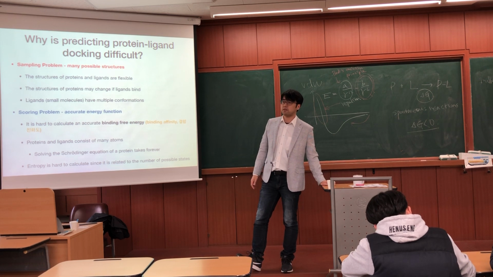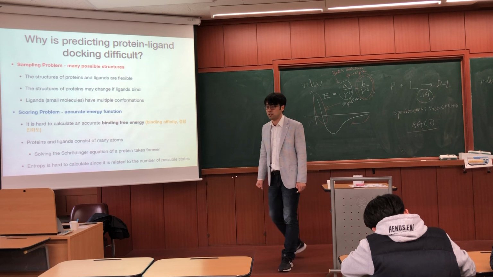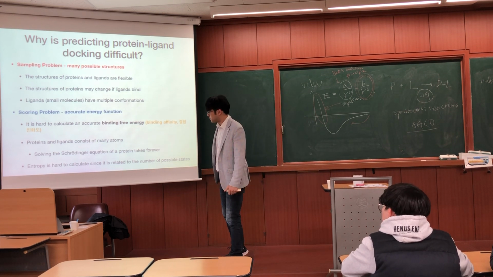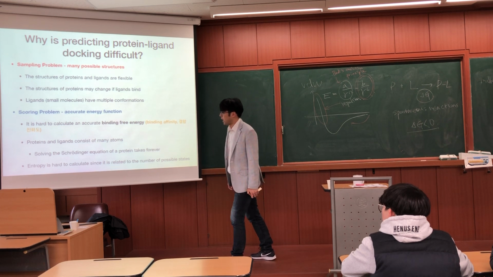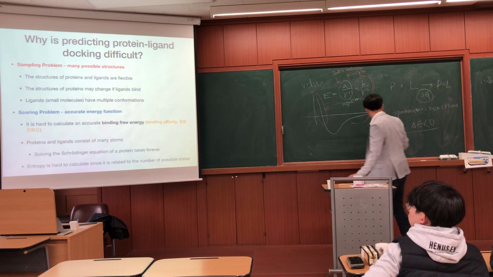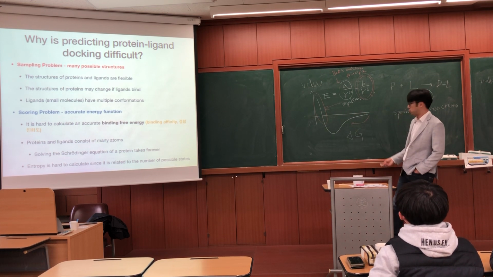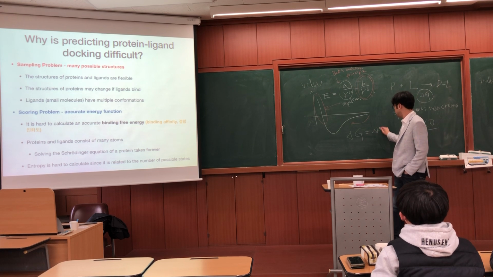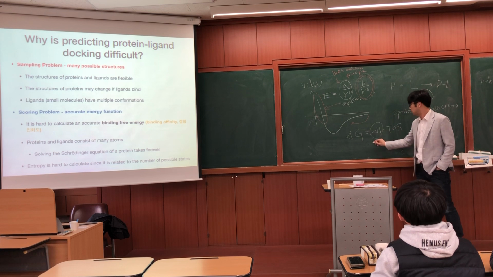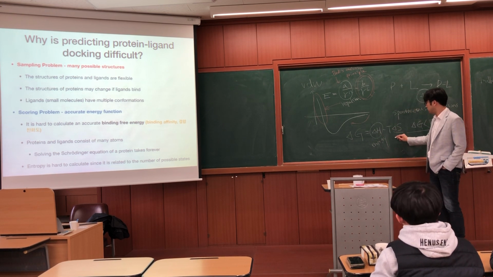Maybe 50 or 100 years later we can solve the quantum chemistry of a protein, but it is impossible right now. Also, in order to calculate free energy, you have to think about the definition of delta G. Delta G is delta H minus T delta S. This one is generally energy, and this one is entropy.